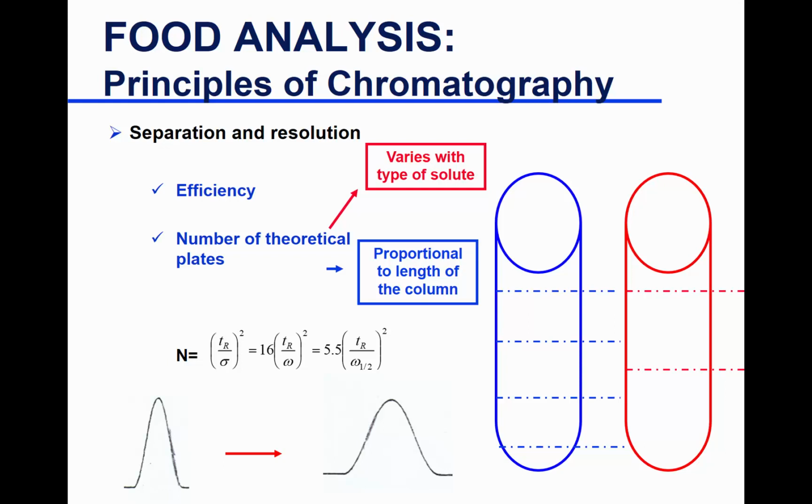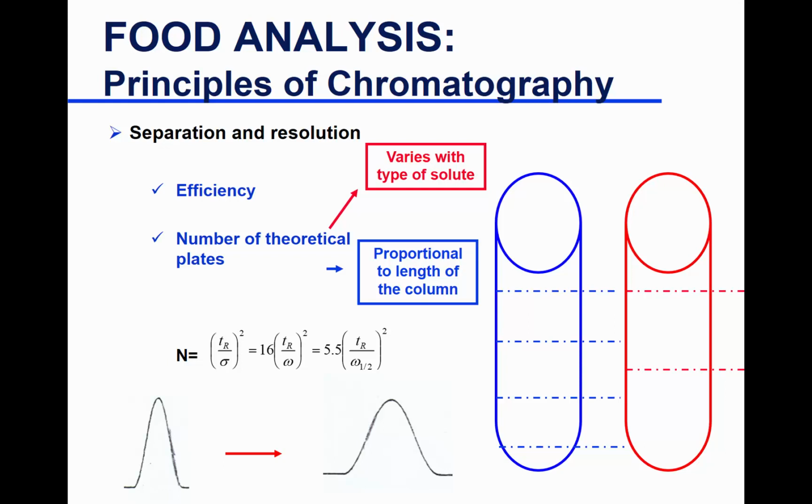As the solute moves down until it leaves, you have these equilibria taking place. This is a theoretical plate, TP. The number of theoretical plates is how many equilibria happen within that column.